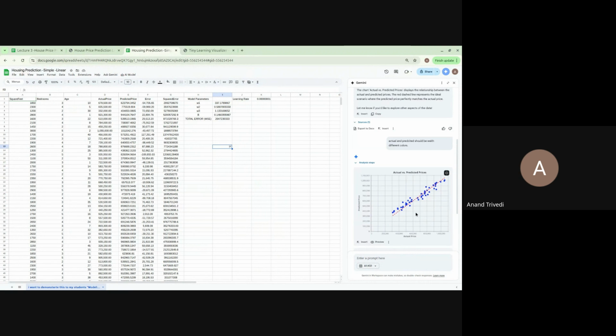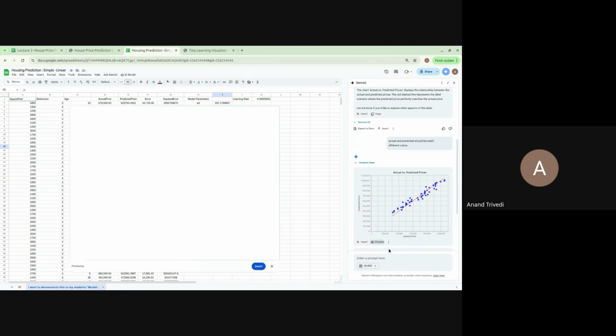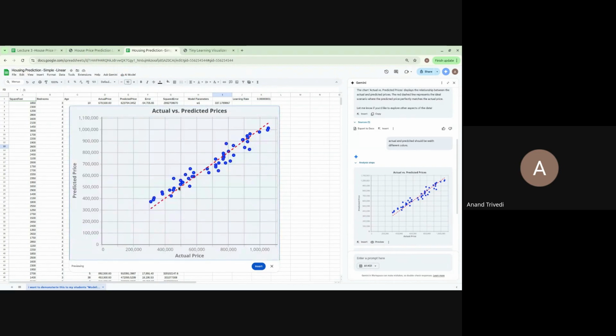You can just plot it yourself also, actual and predicted. I guess these dots that are very close to each other might be the actual and predicted ones. Ideally, I wanted both of these colors to be different so that we can see that our actual and predicted are now very close to each other.